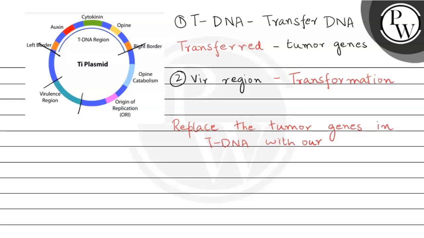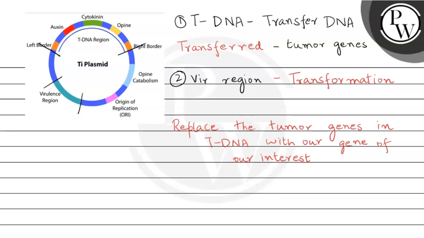So if we do that, then what will happen is that the virulence region will work the way it does. That is, it will cause the excision of the tDNA, and then this tDNA with the gene of our interest will be transferred into the host cell genome, that is the plant cells.